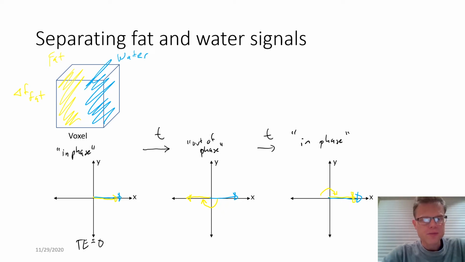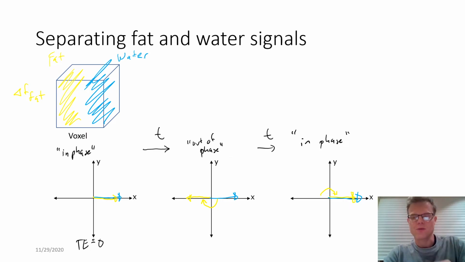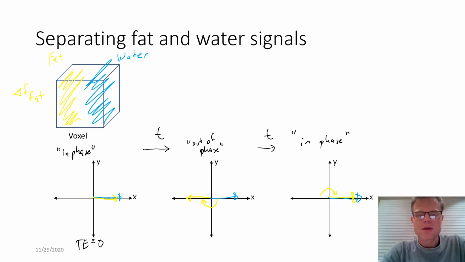The idea of how we're going to separate these is to utilize the fact that we can put the fat and water in and out of phase with each other. Just as in the chemical shift boundary artifact, this phenomenon causes an artifact when they're in the same voxel. We can also use this phenomenon to create distinct images of fat and water.